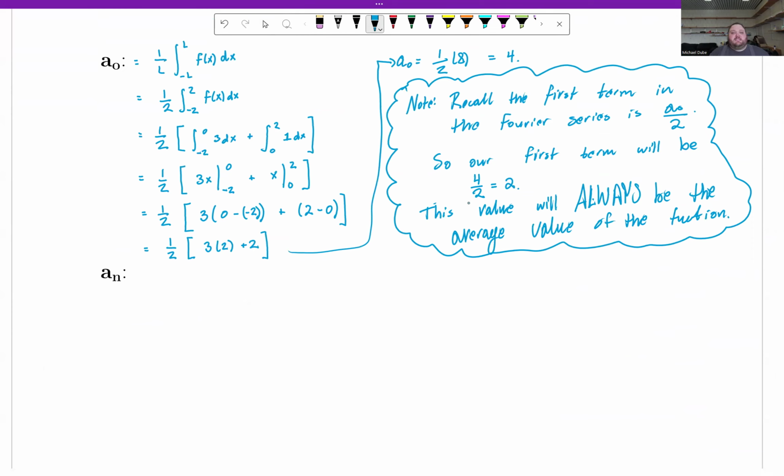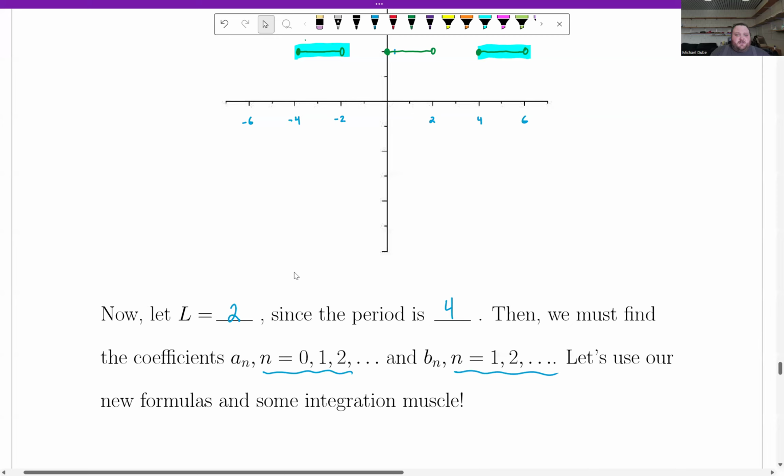Okay, let's now look at an. So now we want to find our an for n greater than or equal to 1, right? Because we found a naught. an will be equal to 1 over L times the integral from -L to L of f of x cos n pi x over L dx. I believe it is cos, but I'm just going to double check.